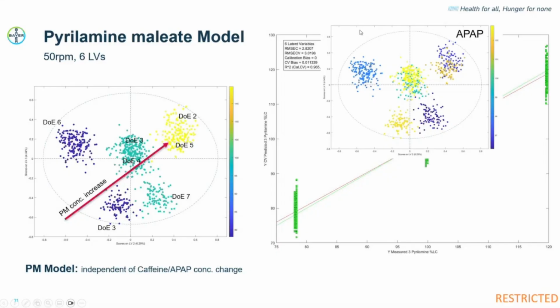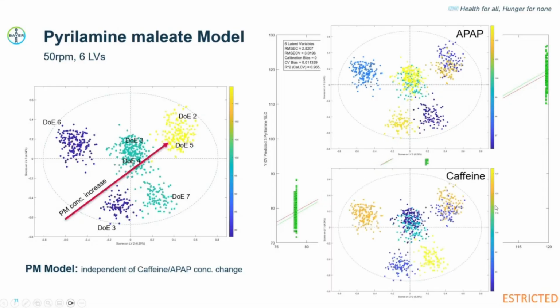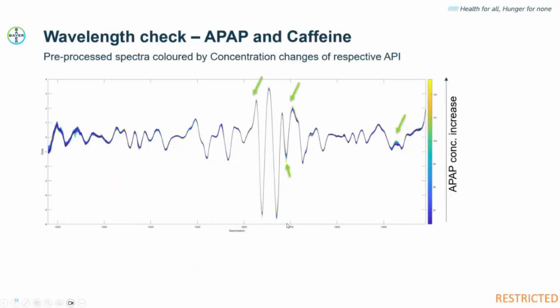And if we take the same latent variables and check the scores plot for APAP, color-coded by APAP, you do not see any trend here, similarly to caffeine. So this altogether looks quite promising.